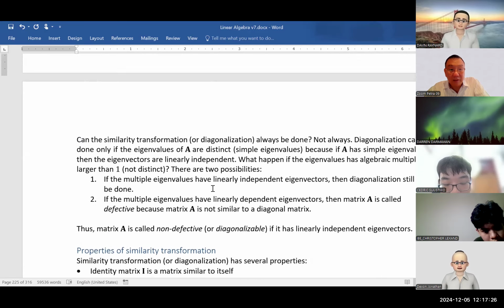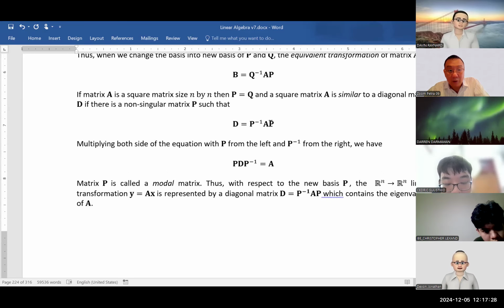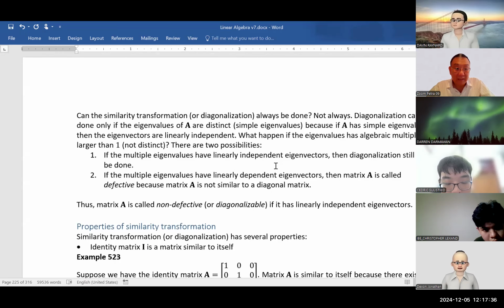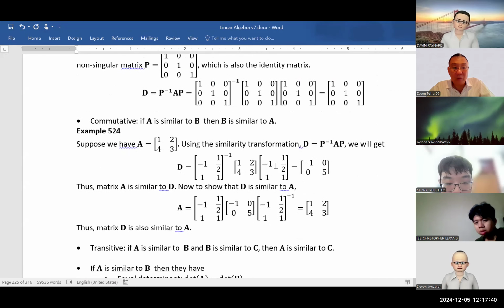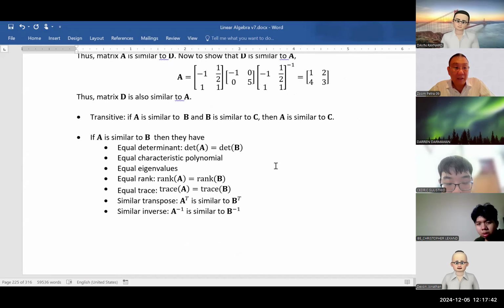So multiplication like this is called similarity transformation, meaning A is similar to a diagonal matrix. If you can do that, then we can do a lot of functions.